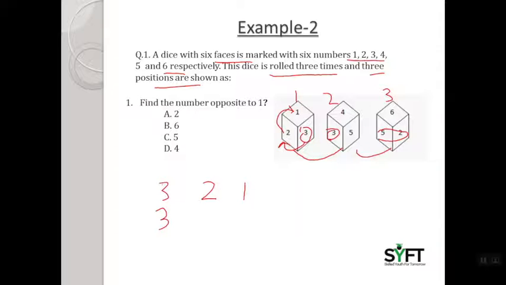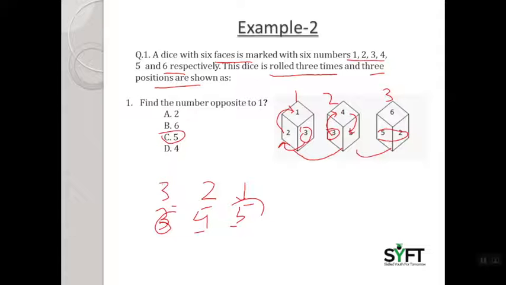Similarly for this 3 the clockwise number is 4 and next is 5. So if you see here we have 1, 2, 3, 4, 5, so this one should be 6 instead of 3. The opposite to 1 is nothing but 5. So C should be the answer.